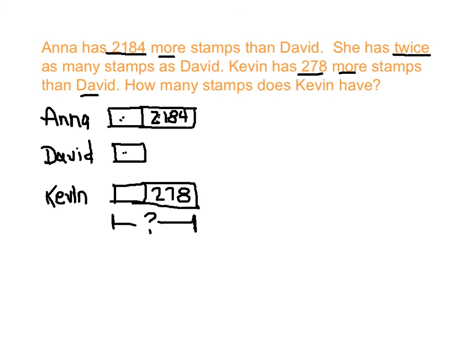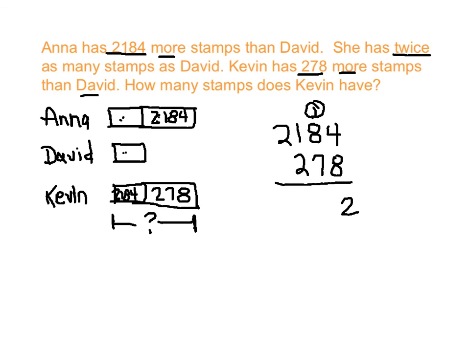So that means there's 2,184 in this box. And I just need to add 2,184 and the 278 to find out what Kevin has in all. So altogether, Kevin has 2,462 stamps. All right, great job.